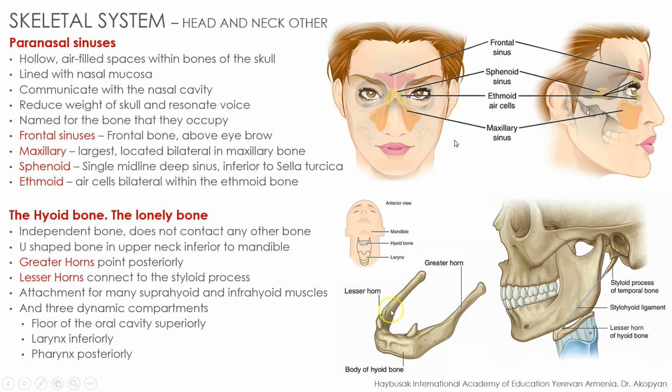It has an attachment through the lesser horn by way of the stylohyoid ligament to the styloid process. The three dynamic compartments are the floor of the oral cavity superiorly, the larynx inferiorly, and the pharynx posteriorly.